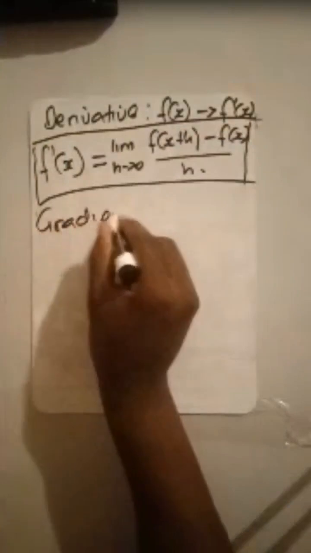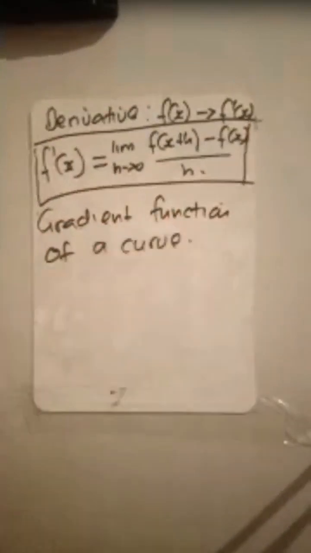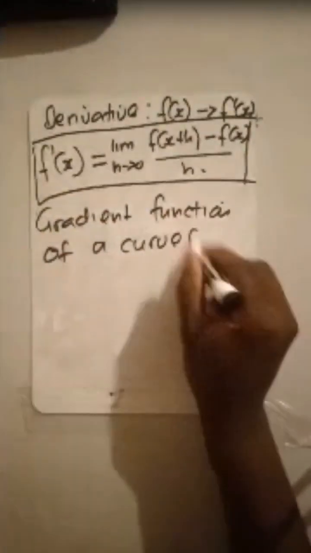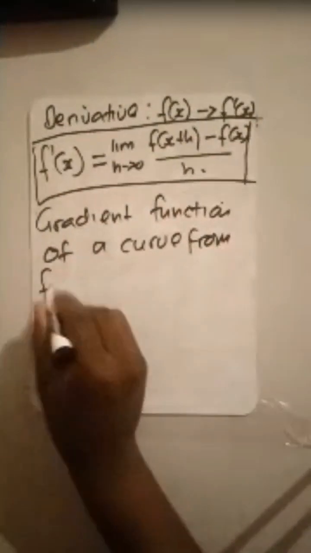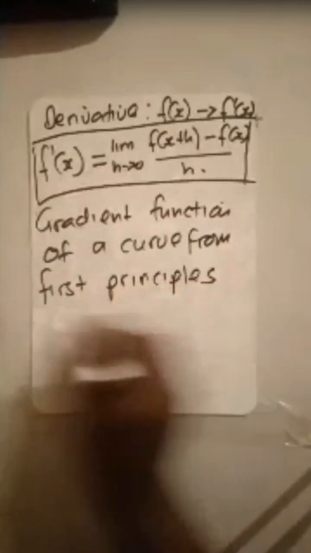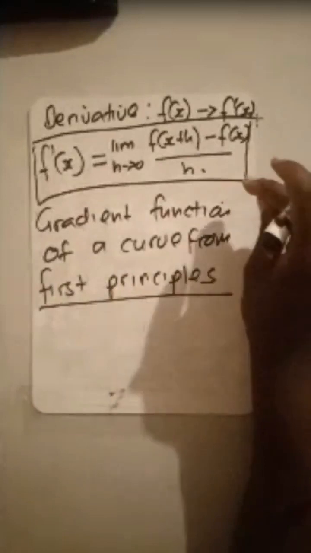So this is a very crucial formula that we actually use when we are trying to find the gradient function of a curve. So when we are trying to find the gradient function of a curve from what we call first principles, this is the formula that you use, right?